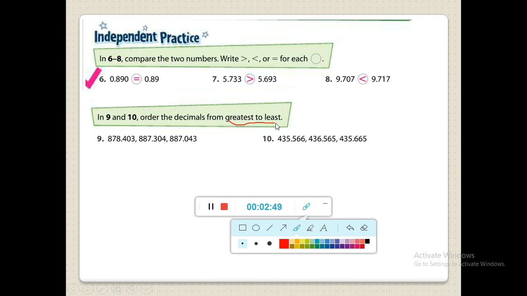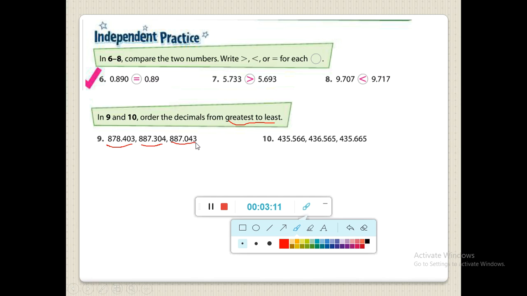So which one is the greatest? It will be first. Now I start comparing. Here we have 878 point 400, 3,000, and this is the second number, and this is the third number.